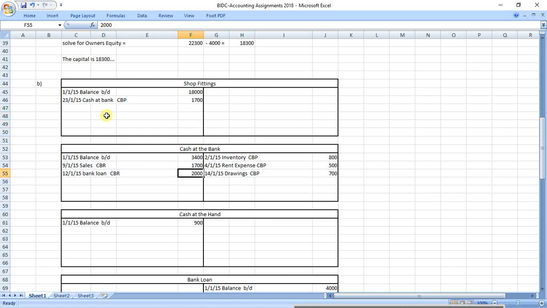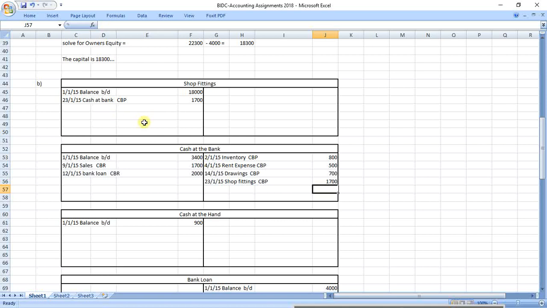So we're going to have to put that in on the debit or credit side? Credit. Credit side, because it's decreasing. Good. Okay, so 23/1, shop fittings, cash payments or CBP, cash book payments, and how much? 1,700. Yeah, same amount. Okay. Perfect. Another one complete.